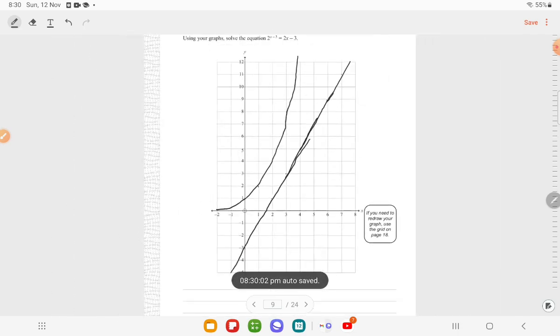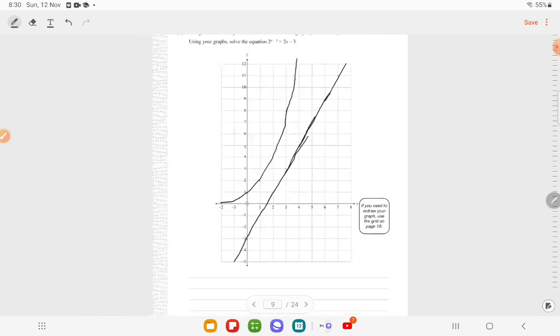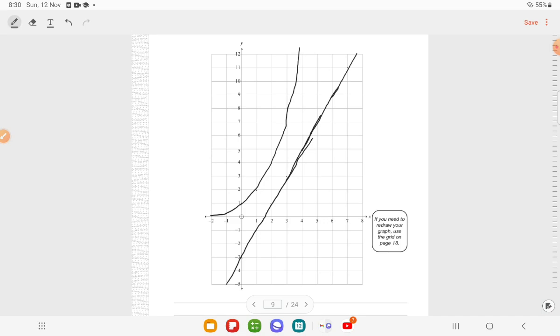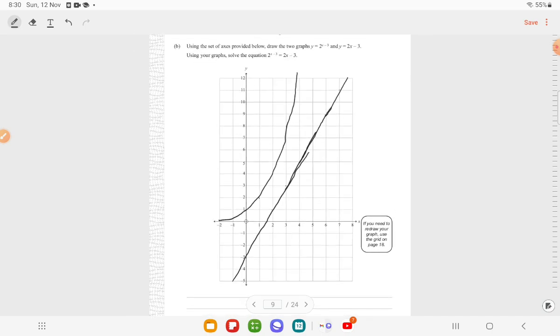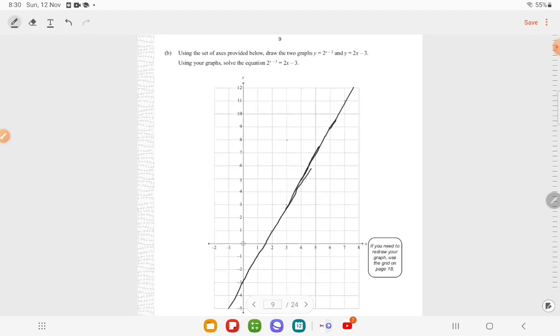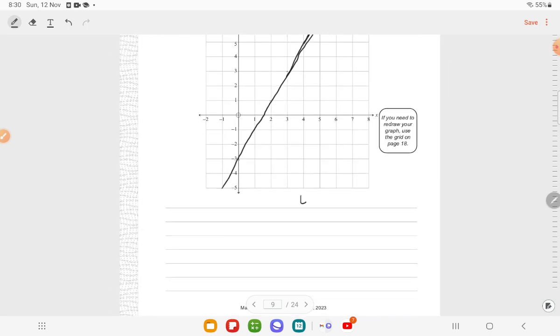Wait, they never intersect. Have I done something wrong? Oh wait, no, I think I... Oh, no. I'm sorry. So y is equal to 2 to the x take away 3.